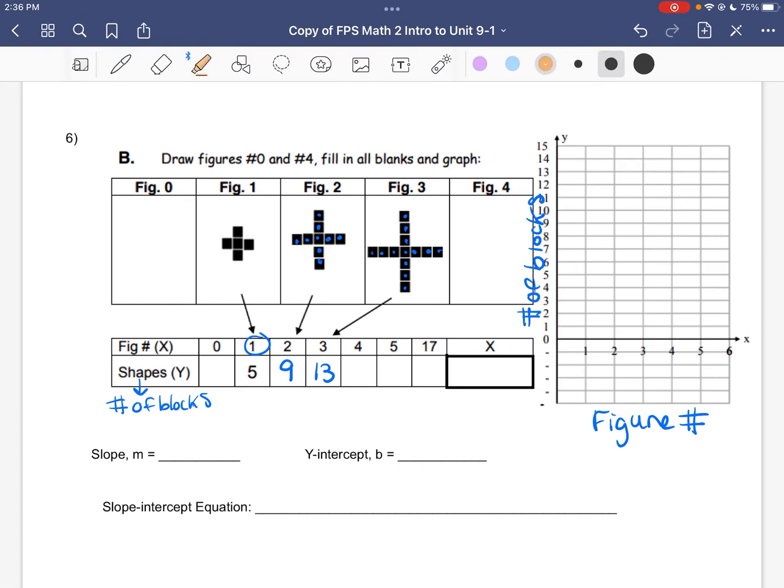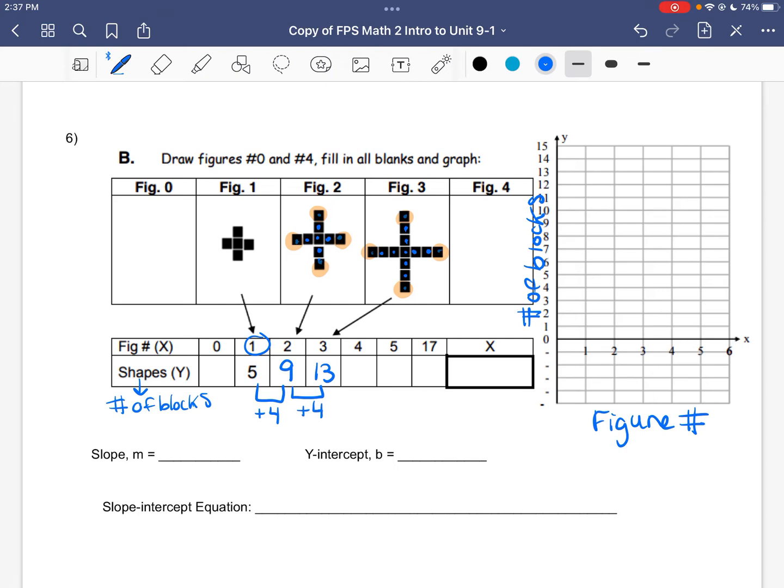Maybe you are also someone who is visual and you're already starting to see a pattern where I'm adding, looks like I have like the original plus sign with 4 original ones. And then figure 3 is like the other plus sign from figure 2. And I'm adding 4. So maybe you're kind of seeing this pattern of adding 4 visually. Maybe you're also seeing the pattern of adding 4 here, where it looks like I'm adding 4 every time.